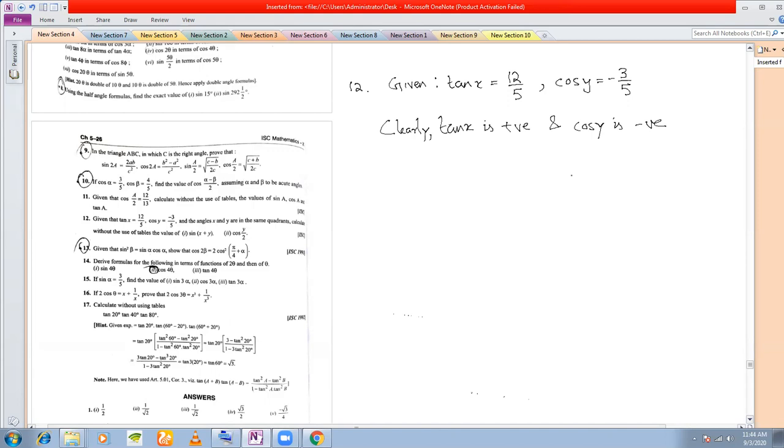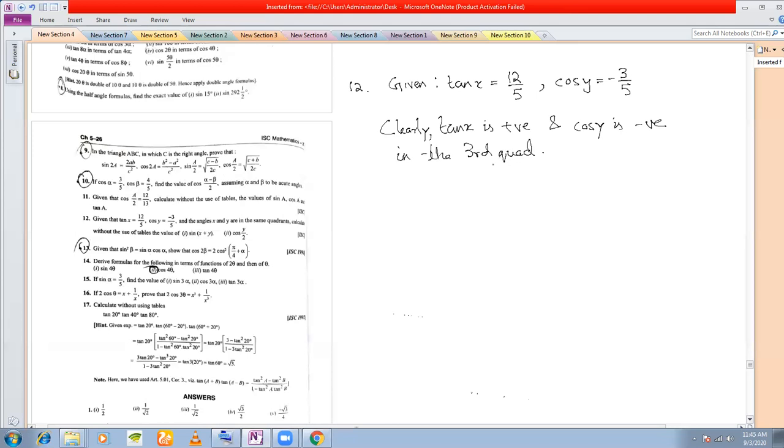If you see in the third quadrant, tan x is positive and cos is negative. So clearly tan x is positive and cos y is negative in the third quadrant. Okay. So keeping this in mind, we'll proceed.